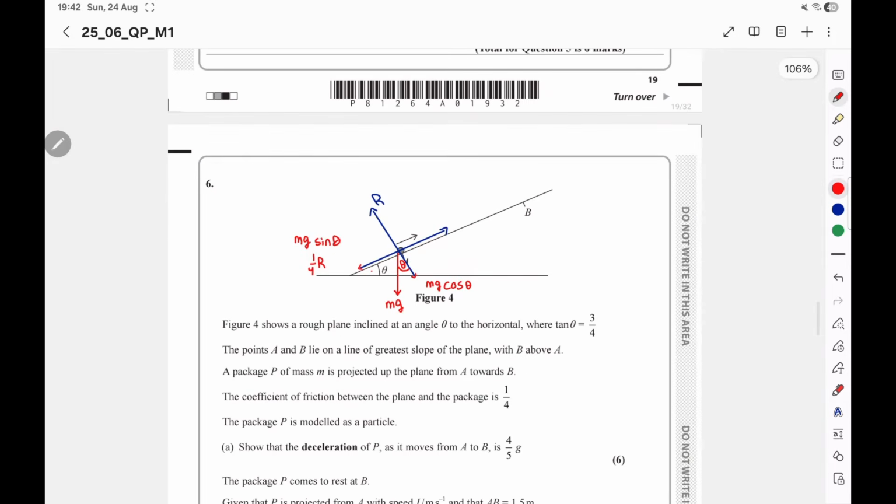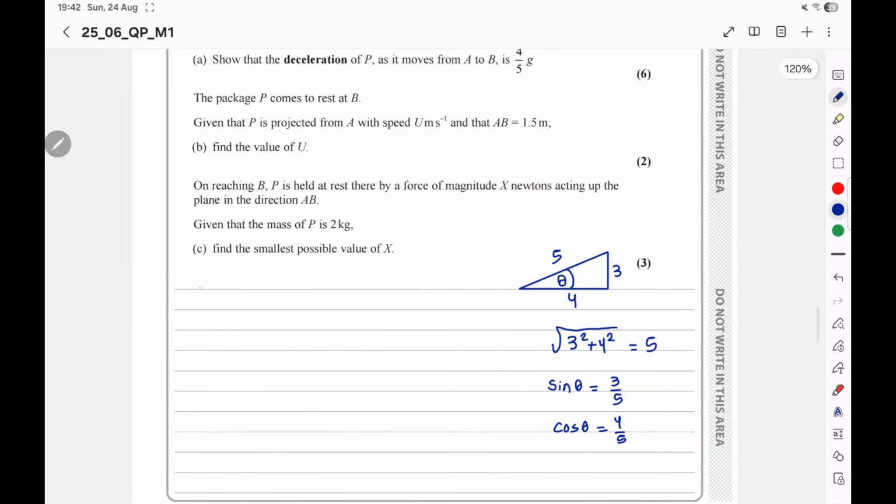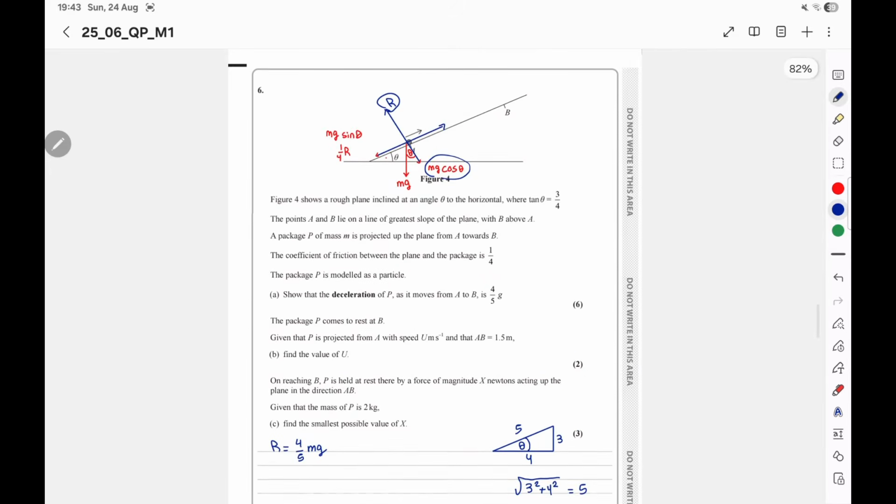Alright. Now let's write the equations. R is equal to mg cosine theta. Cosine theta is 4 over 5. So R is equal to 4 over 5 mg. And forward minus backward equals mass multiplied by acceleration.